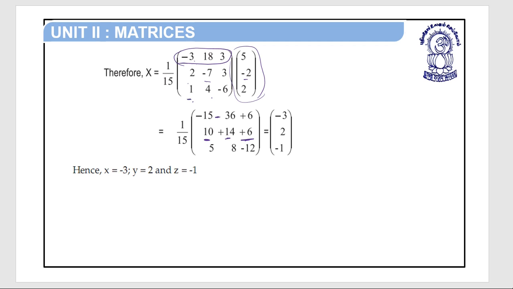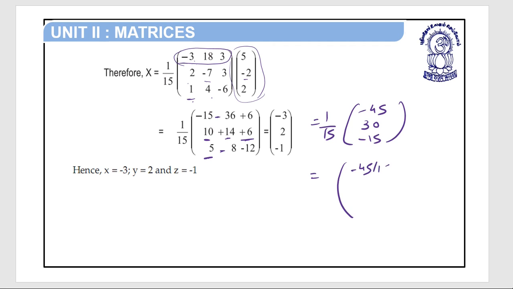Third row: 1 into 5 is 5, plus 4 2s are 8 minus 8, 4 minus 2, so minus 6 into 2 is minus 12, so 5 minus 8 minus 12 is minus 15.